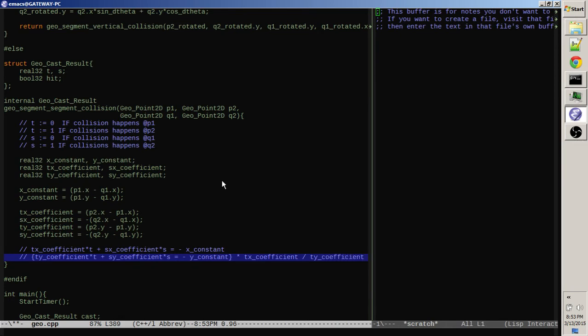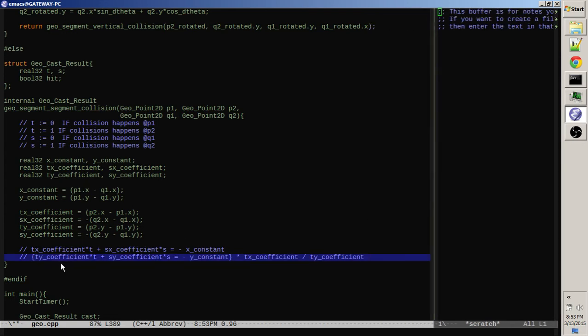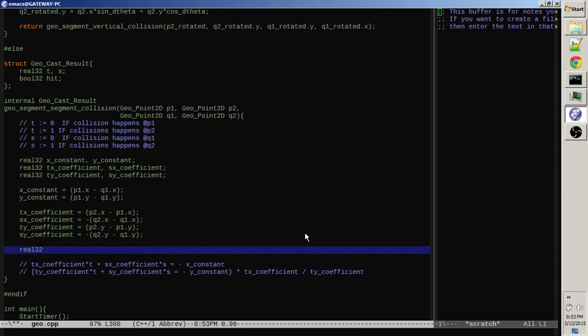Because that means that leftmost term will have the same value as this. This will have a tx coefficient here and here. These will all get scaled by that amount. So what we need is this tx coefficient over ty coefficient to be stored real quick.